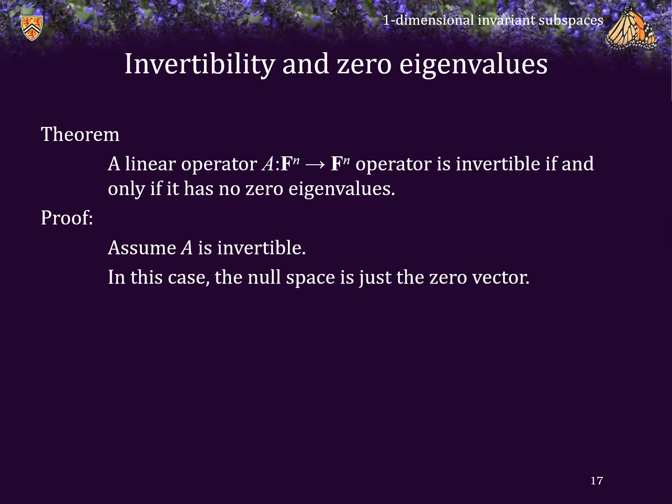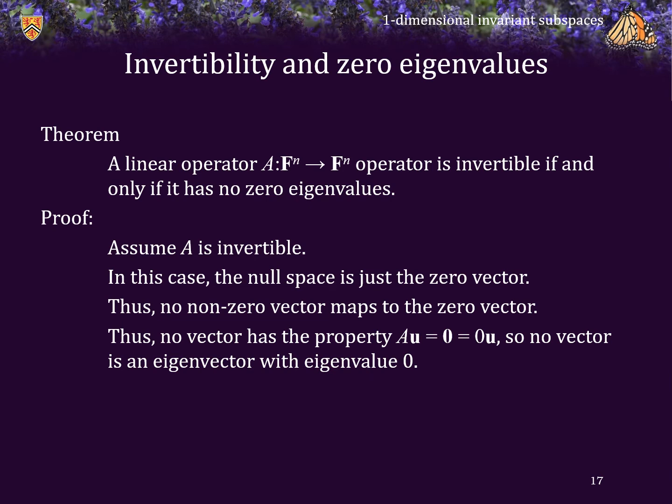In this case, the null space is just the zero vector. Thus, no non-zero vector maps to the zero vector, and thus there is no vector with the property that A applied to U is equal to the zero vector, which is equal to 0 times U. So no vector is an eigenvector with the eigenvalue 0.